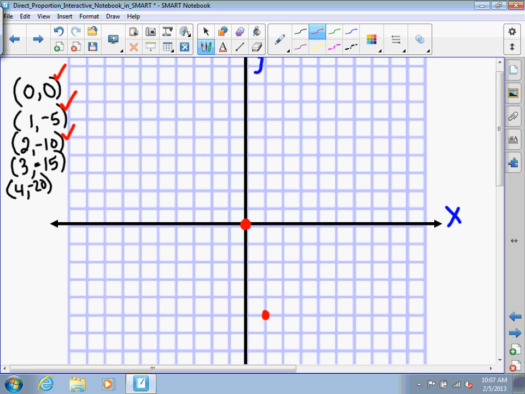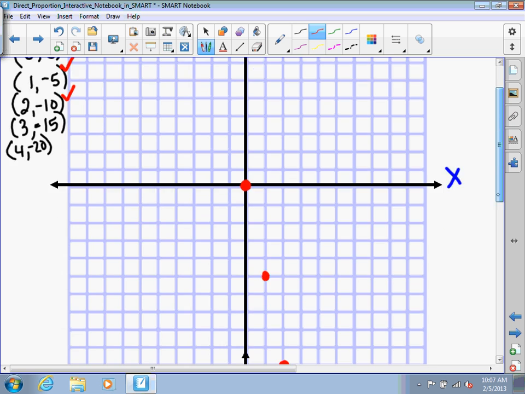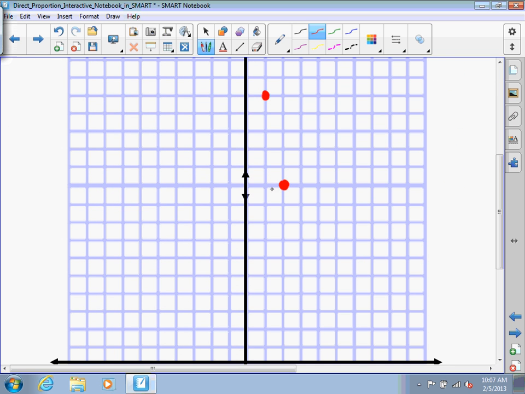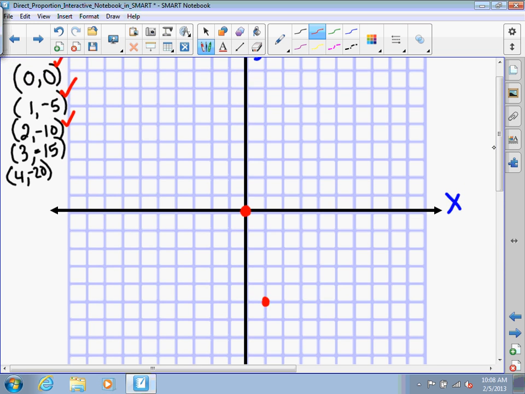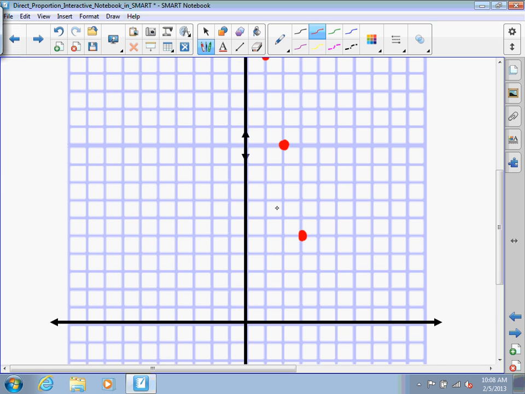Okay, next is 3, negative 15. So I go over to 3. 1, 2, 3. I go down 15. 1, 2, 3, 4. Okay, there's 3, negative 15. And the last one is 4, negative 20. So you'll plot that last dot.